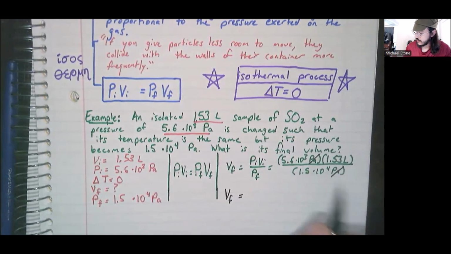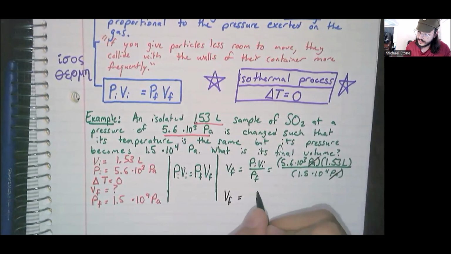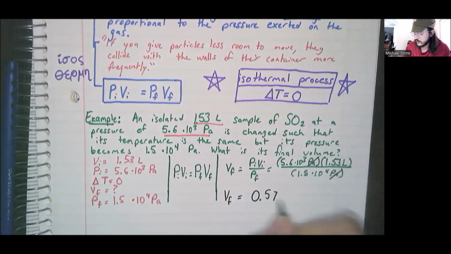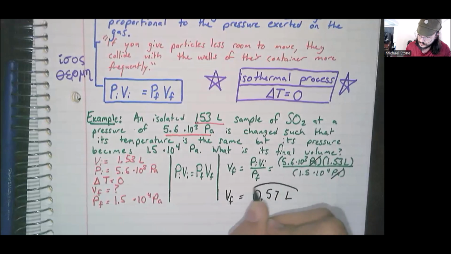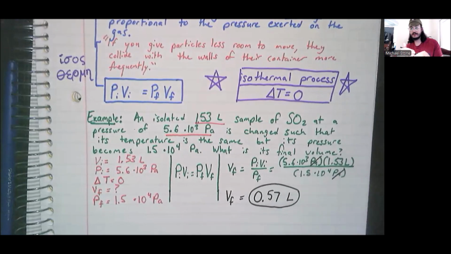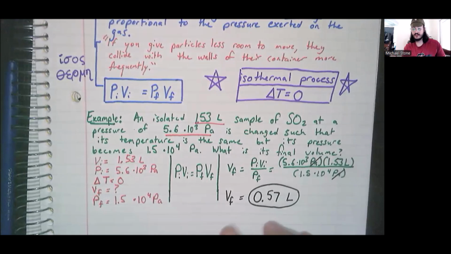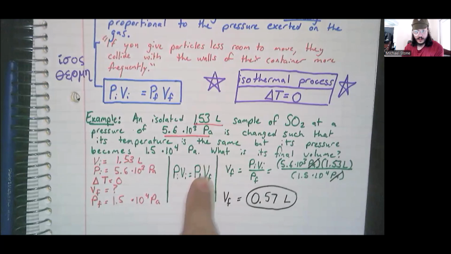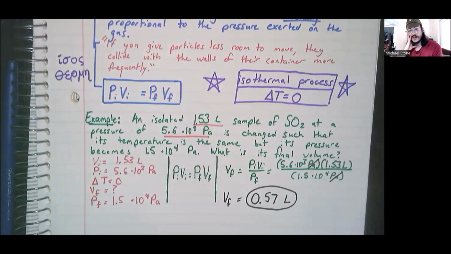Punch all that into your calculator, and you should find that the final volume is 0.57 liters. At this point, you pump the brakes and you think, does that answer make sense? Well, what did the pressure do? It was increased.